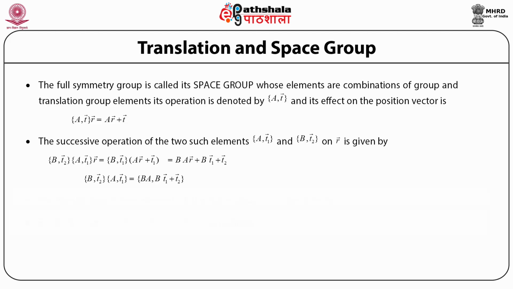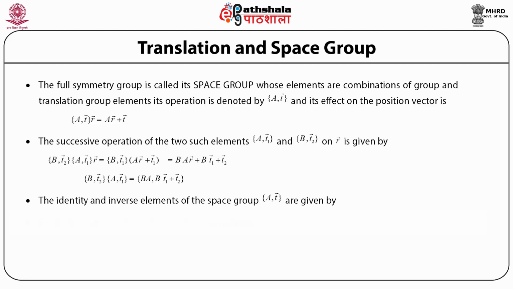Therefore, it takes it to BAR plus BT1 plus T2, which means that the group multiplication of these two symmetry operations, BT2 and AT1, is equivalent to a symmetry operation BA, comma, BT1 plus T2. So this is the group multiplication for the symmetry operation.